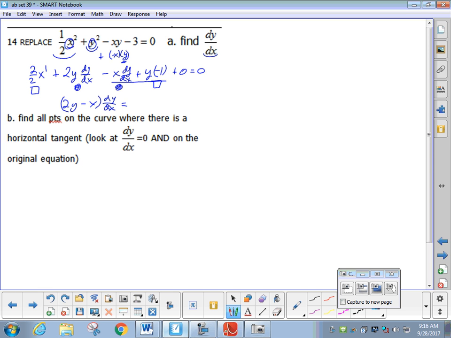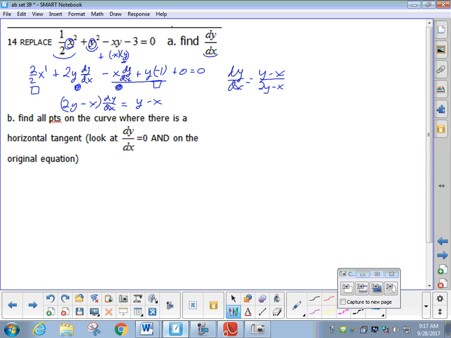When I bring them over to the other side, what do they become? y minus x, or negative x plus y, if you like, whichever you prefer. Do you follow? And therefore, dy/dx is y minus x divided by 2y minus x. Cool? Okay then.